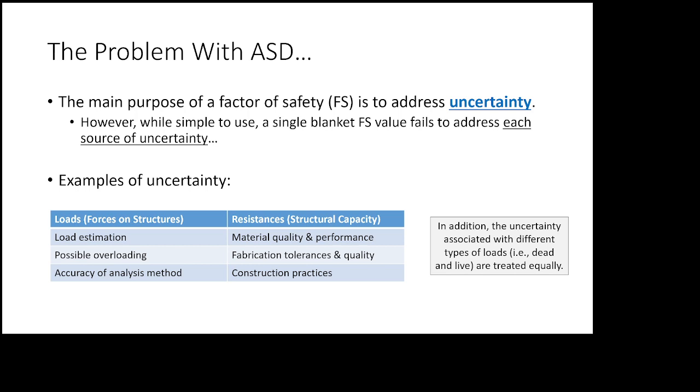What is the top of this table made out of? This is wood. Wood is an organic material, right? You tell me the properties in this wood panel are the exact same as the properties in this wood panel? Of course not. There's going to be variation in material quality, even in steel design land.